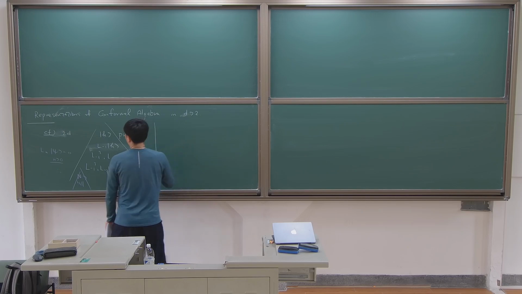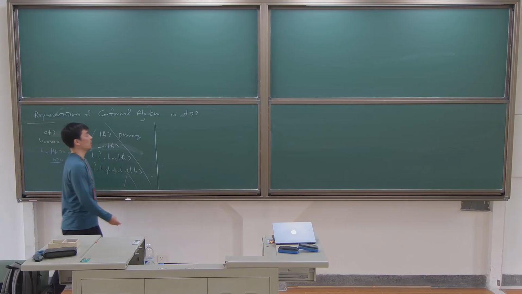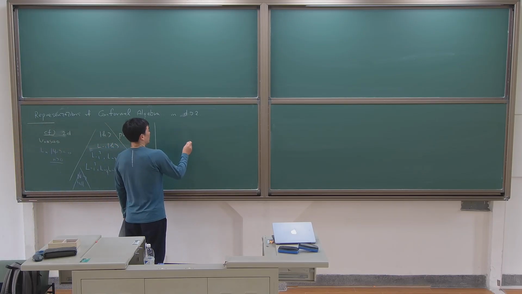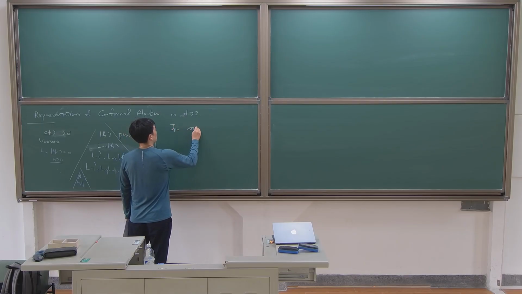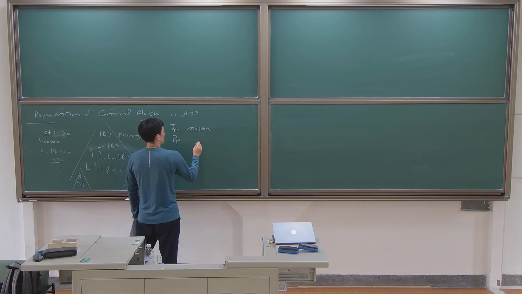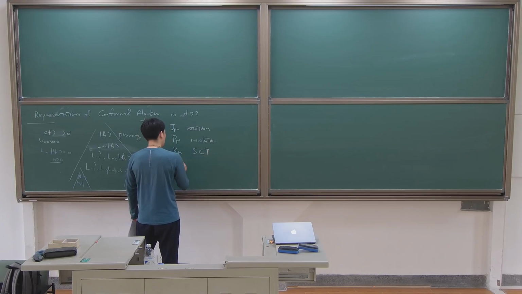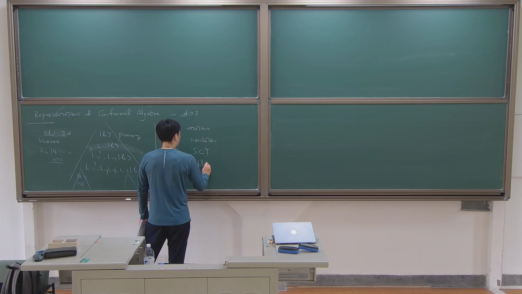In 2D, the conformal algebra is the Virasoro algebra. But here you have these generators: J mu nu, which is rotation. Just to recap, P mu is translation, K mu is special conformal transformation, and D is dilatation.